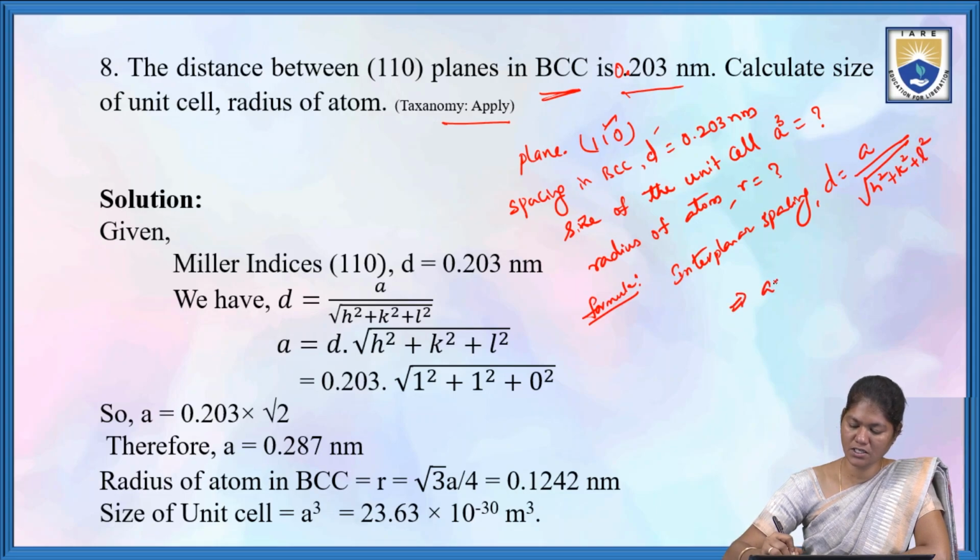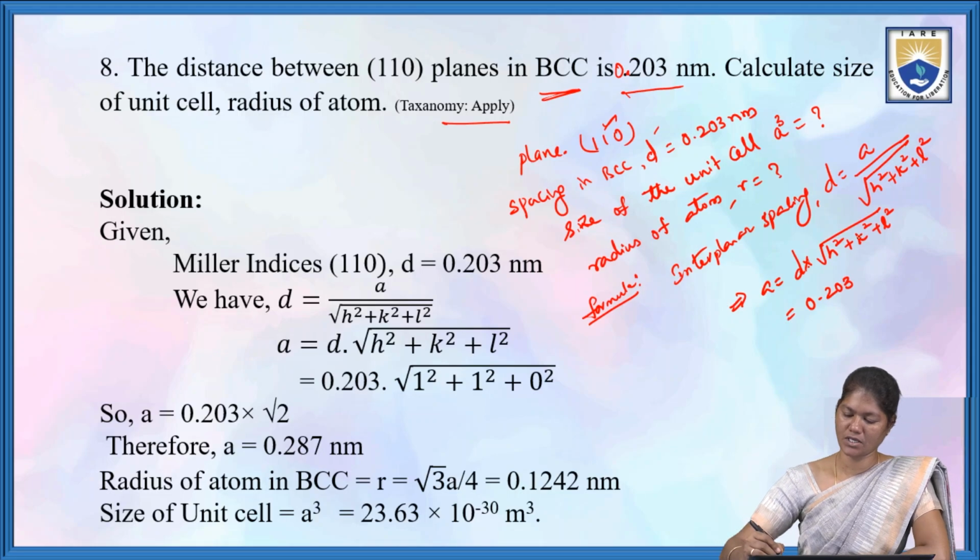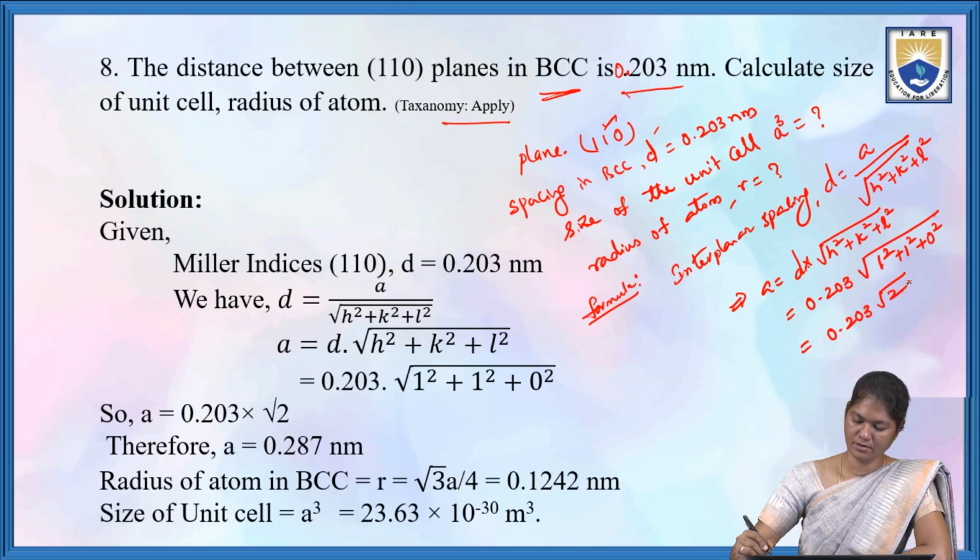So a is equal to d into root of h square plus k square plus l square, where d is 0.203 into root of 1 square plus 1 square plus 0 square. So 0.203 root 1 plus 1 is 2.